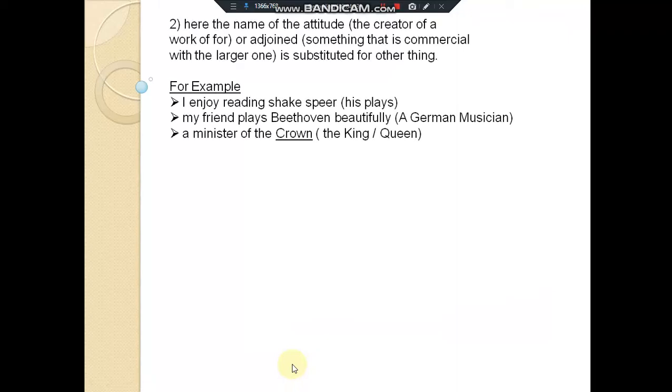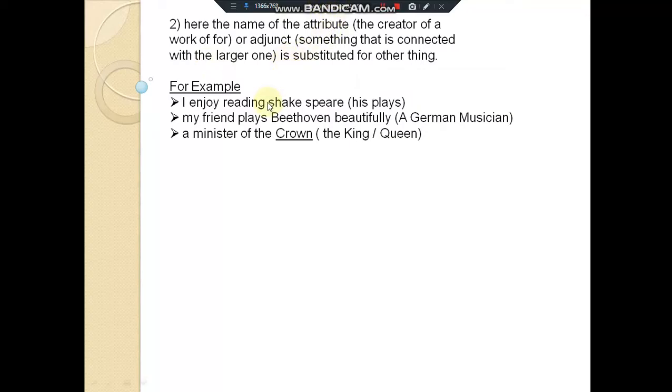So next, another example of metonymy is that sometimes the name of the creator of a work of art is used. Creator of a work of art means the person who has created some piece of art, some article, some work, anything that the person created.